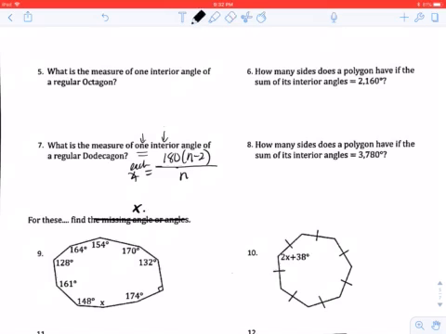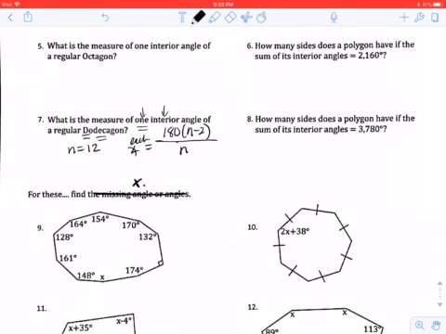I need to know how many sides are in a dodecagon. Do is 2, deca means 10, so that's going to be 12. n is 12, so I just plug it in. 180 times 12 minus 2, divided by 12.